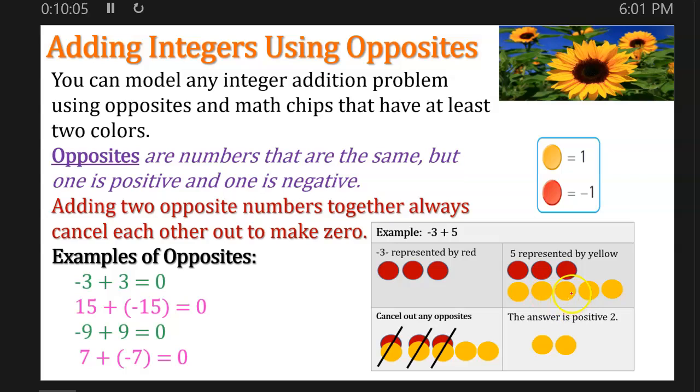The positive chips are yellow, and I'm going to write those right underneath where I placed the red chips. Now I'm going to cancel out any of my opposites. So I have these first 3 that are canceled, and since a positive 1 and a negative 1 makes a 0, all of these are essentially just a 0. So what you're left with are 2 yellow chips. So the answer is a positive 2.